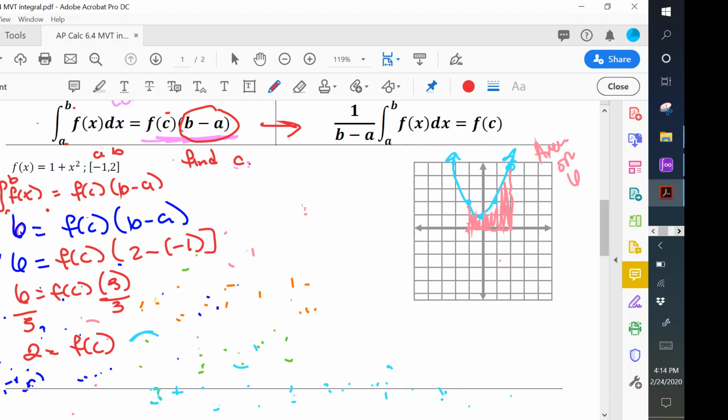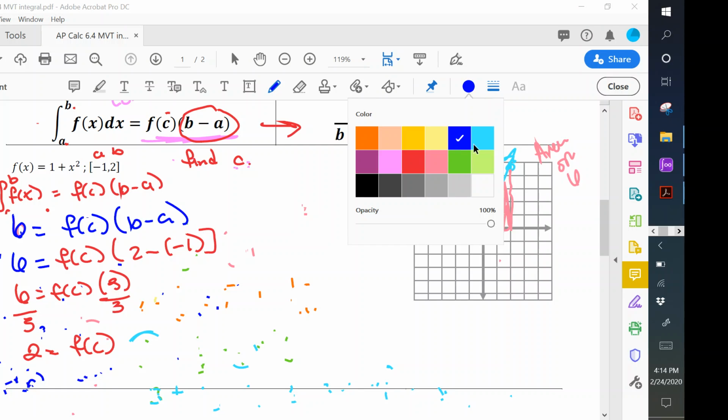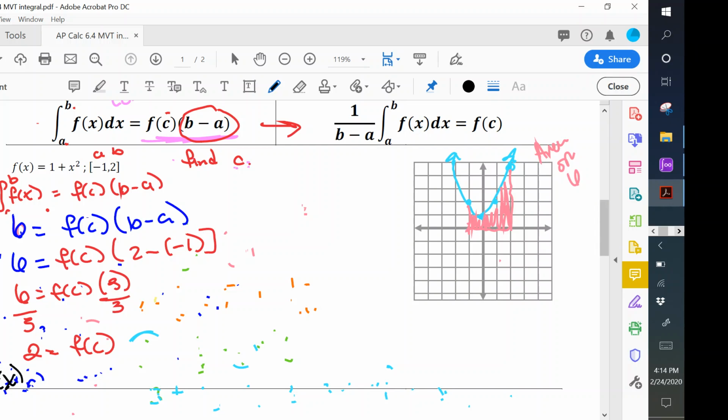Now you might be wondering, what is f of c? Well, don't worry, f of c is actually c substituted into the function, and we know the function f of x is equal to 1 plus x squared. So let me substitute here. 2 is equal to, instead of writing my x's, I'm going to write this c right here. So it's going to be 1 plus c squared. Easy peasy, easy quadratic equation.